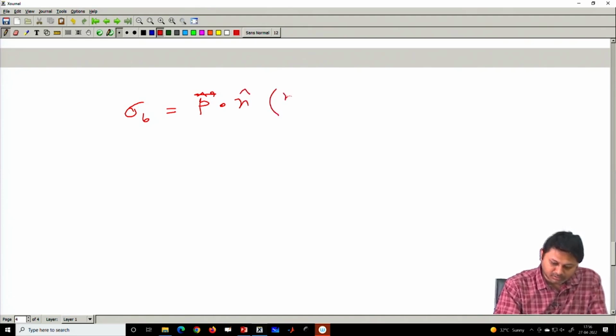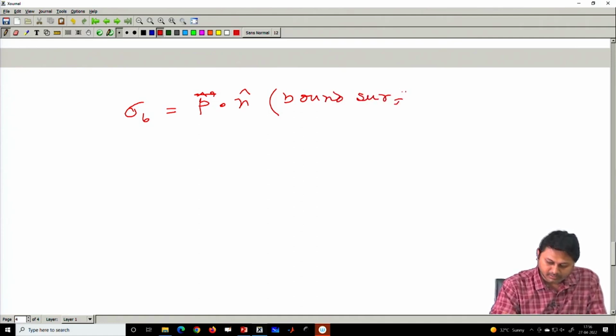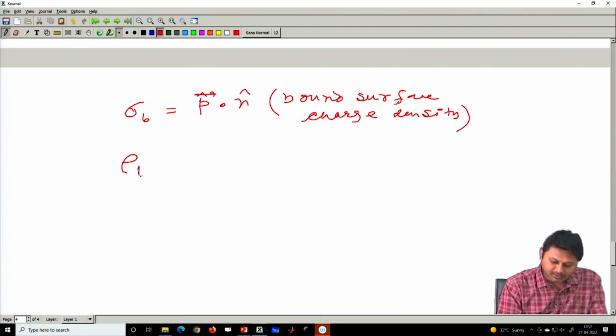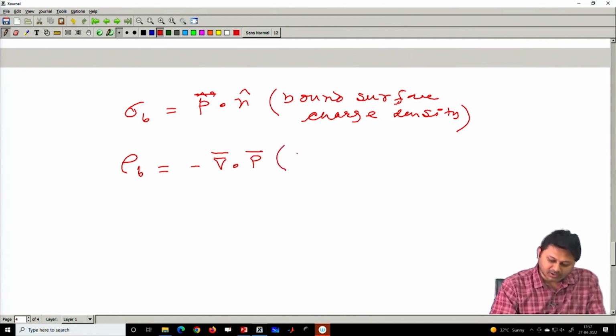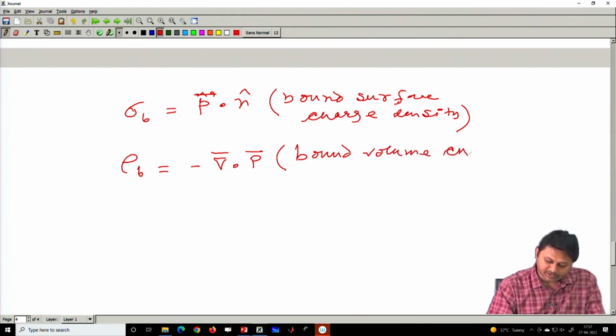This is called the bound surface charge density, and rho b, which is minus the divergence of P, that quantity is called the bound volume charge density.